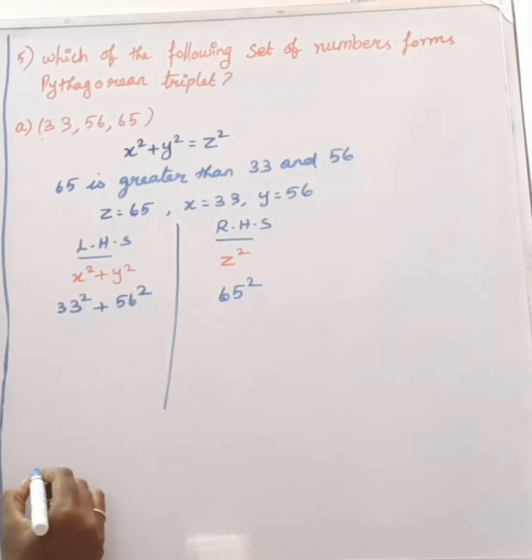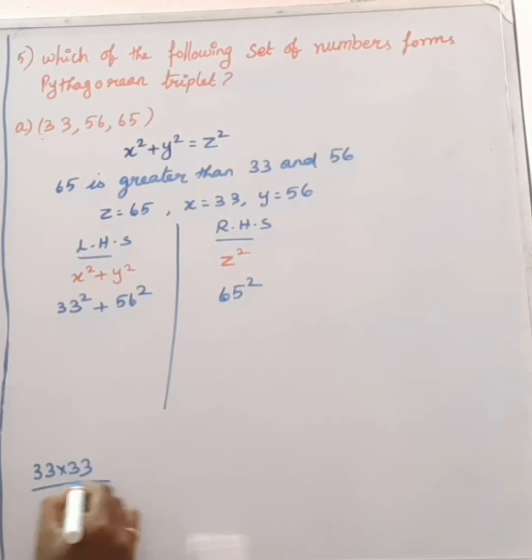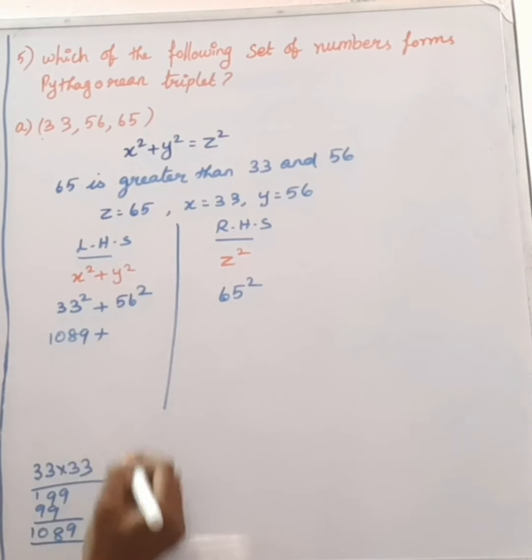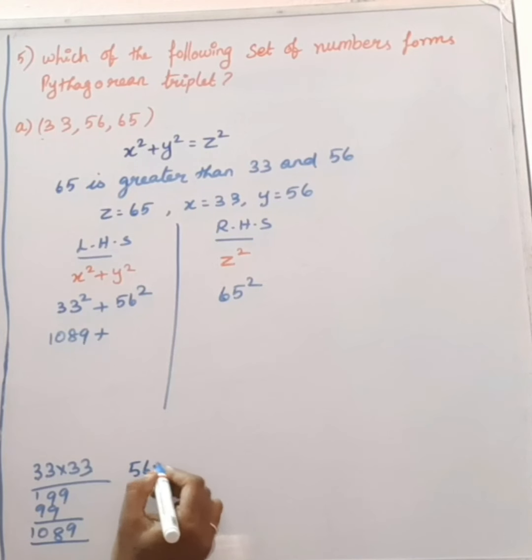Now find the value of 33 into 33. 3 3s are 9. 3 3s are 9. Again 99. So 9, 8, 1. So 1, 0, 8, 9. Plus then 56 into 56.